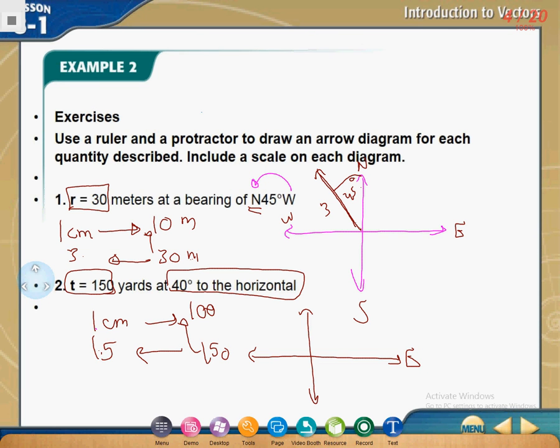So again, I will start from the horizontal with an angle equal to 40 degrees. Now, can you tell me the length or the magnitude of this vector? Yes, it's 1.5. Who has this answer correct again? Good. Now I want you to give yourself a mark out of 2. Next time tell me how much you took.